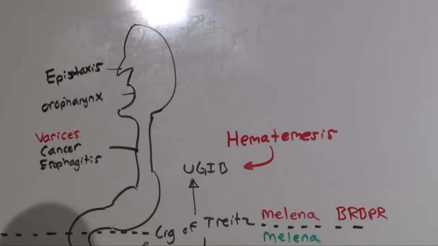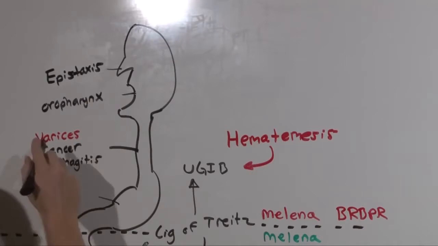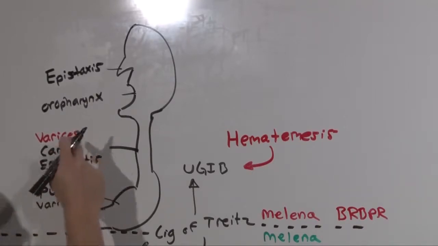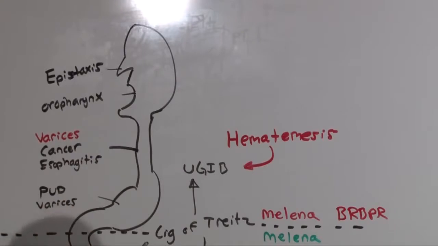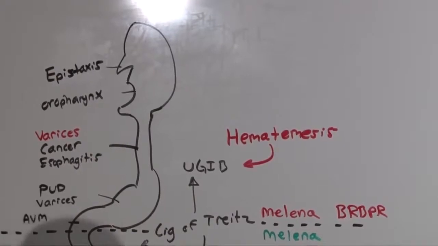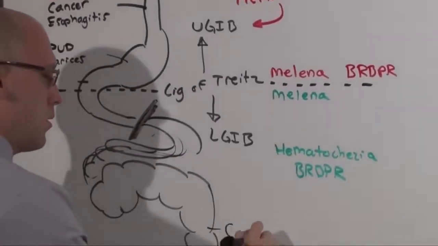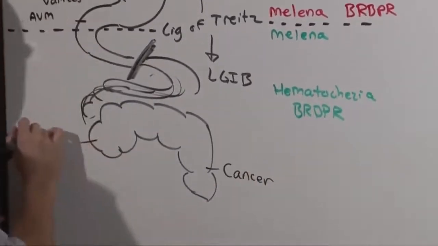In the stomach, you're looking at peptic ulcer disease and still varices, but not to the same extent as esophageal varices. AVMs can exist anywhere, and don't forget about bleeding biliary trees. As we jump down to the lower side, we'll start at the colon. This is where you're going to have primarily cancer and diverticulosis.